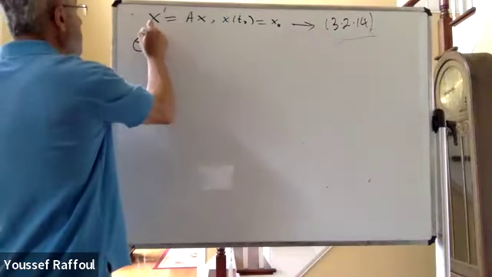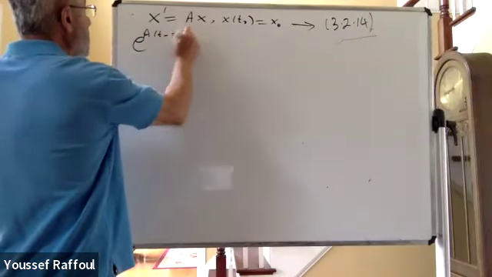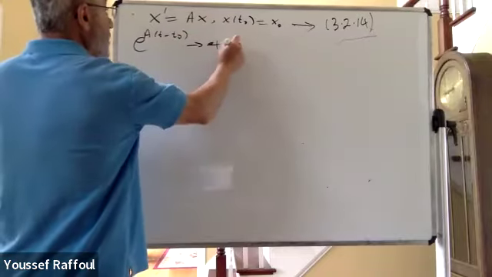We wanted to find e to the A(t minus t naught), and this is the exponential matrix.